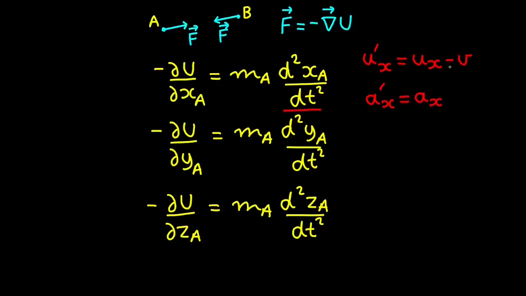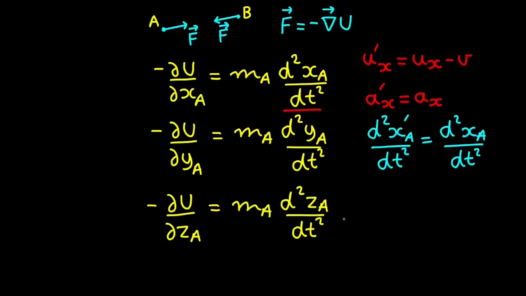So given the velocity of the primed observer is constant, it drops out. So from this, we conclude that the acceleration of the particle, according to the primed observer, is equal to the acceleration of the particle according to the unprimed observer. And that's true for all these three equations.